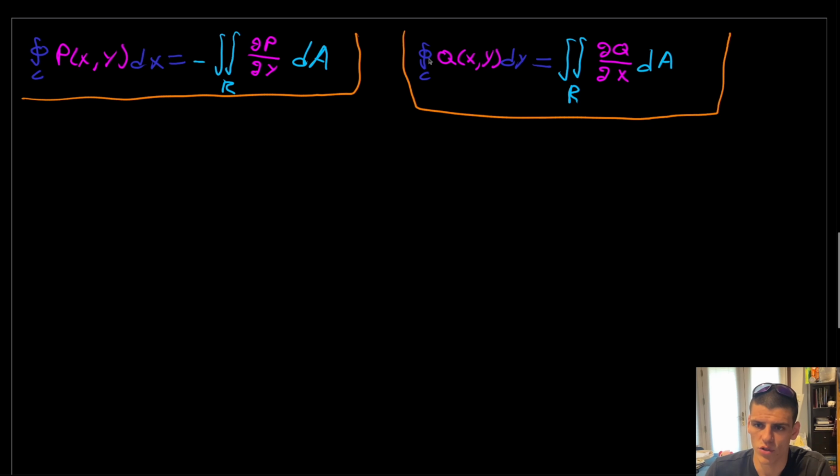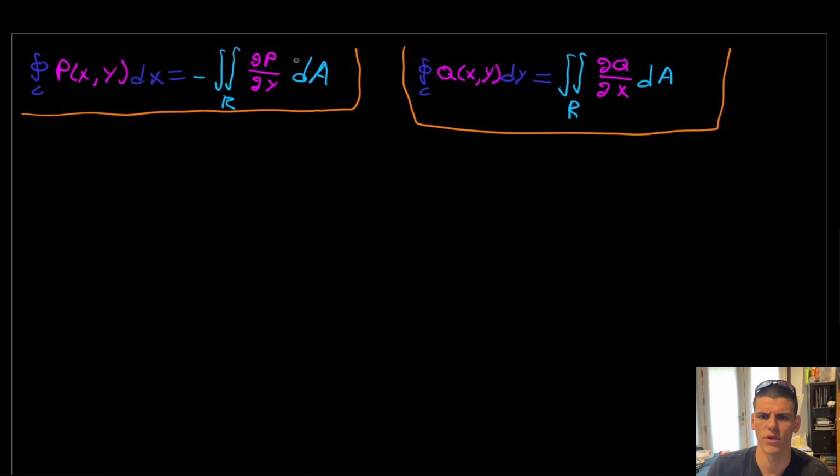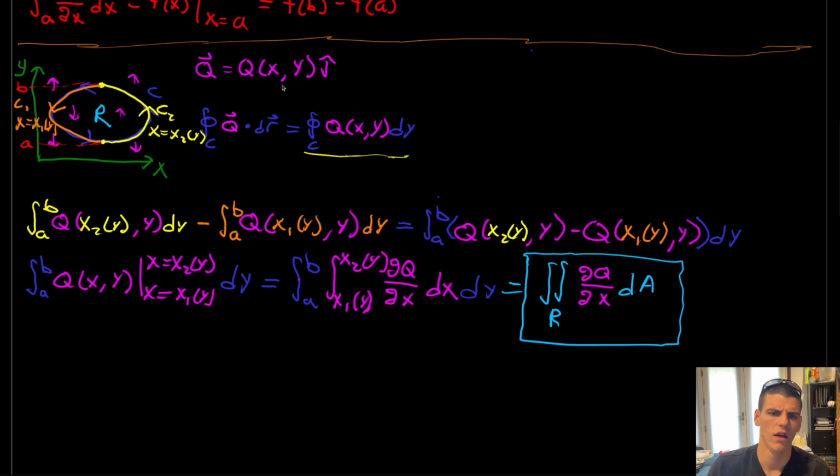And the same thing goes over here, around the counterclockwise curve C of this q function times dy. It's going to be equivalent to the double integral over the region R of the partial of q with respect to x. And the reason this one turned up negative and the other one didn't is just an attribute of the counterclockwise rotation here.